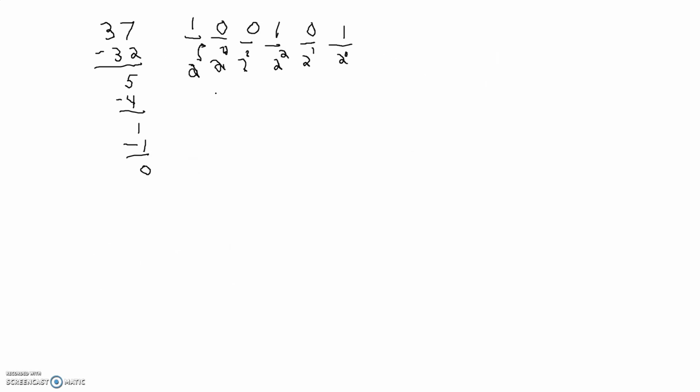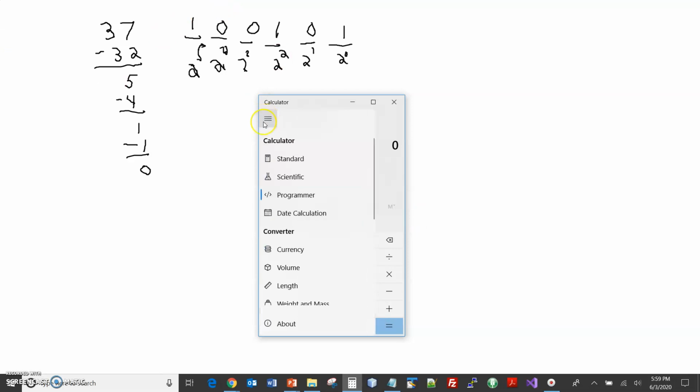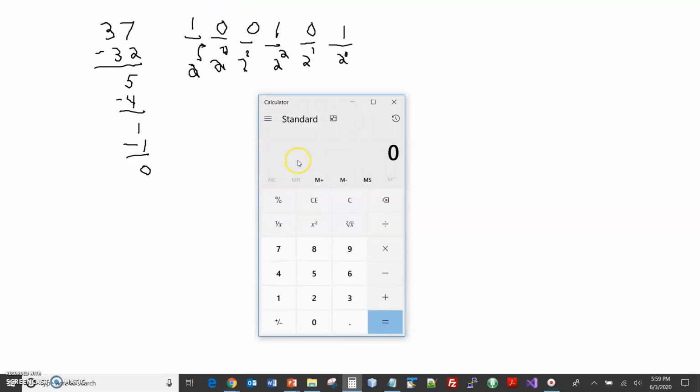The one other thing that I did point out previously, and we'll use this as a way to check our work, is the calculator that's in Windows. Normally it comes up in standard mode.